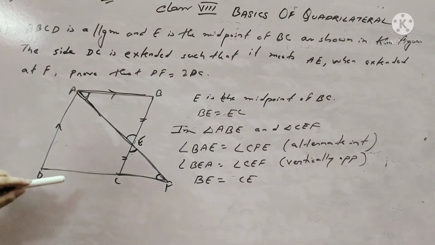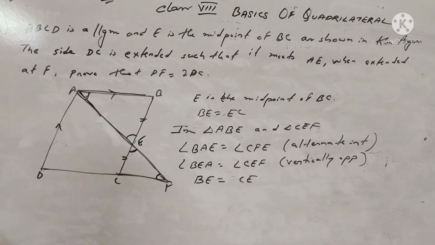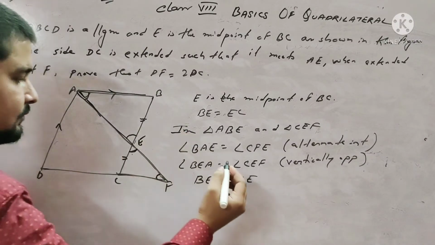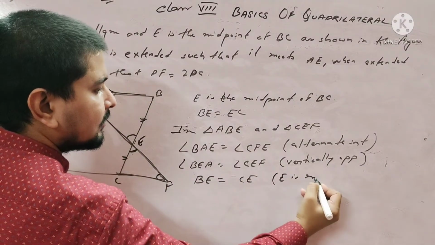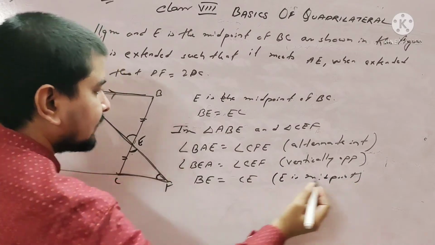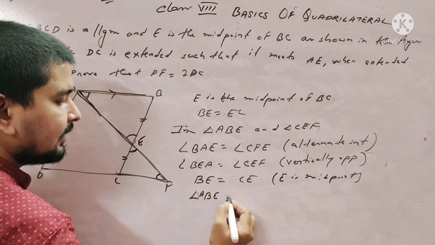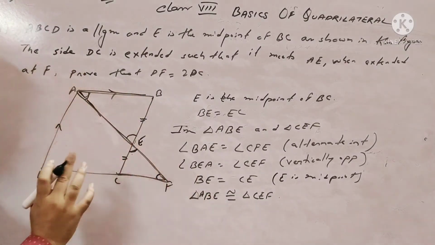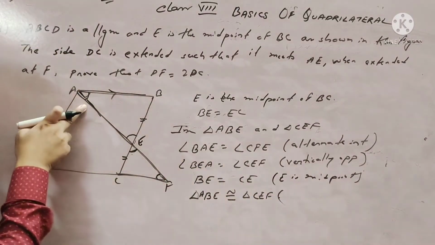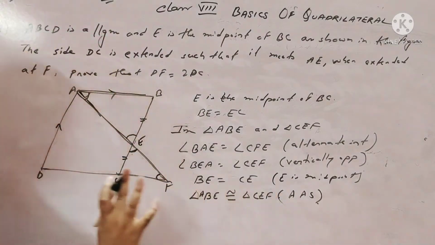Clear? If this whole part is equal, that means these two triangles are congruent. E is the midpoint. Triangle ABE is congruent to triangle CEF by angle angle side.